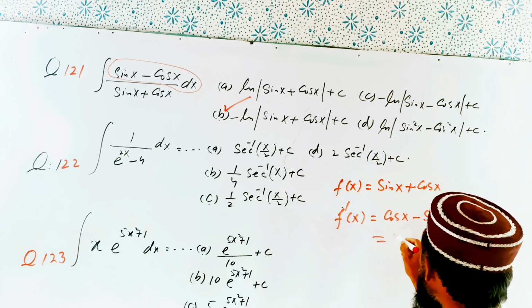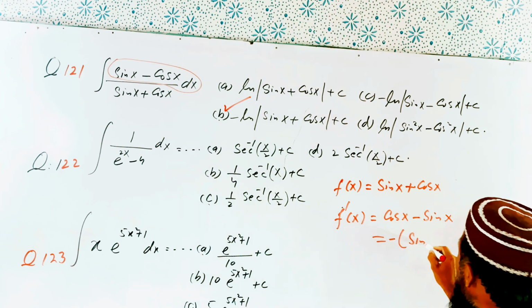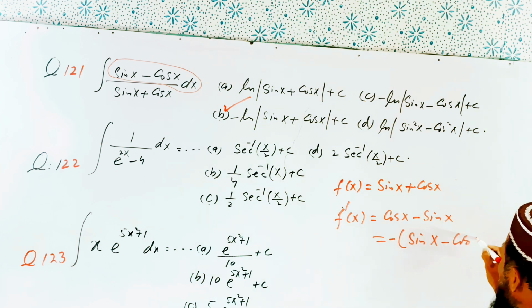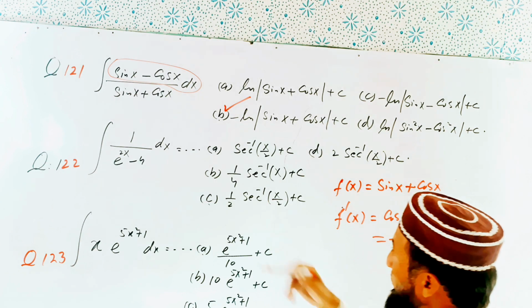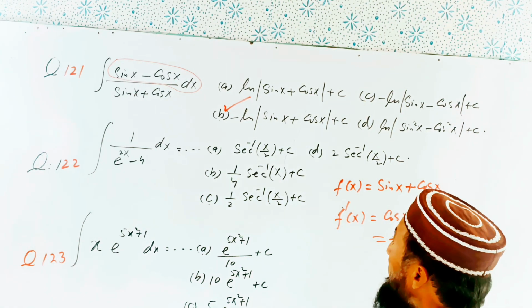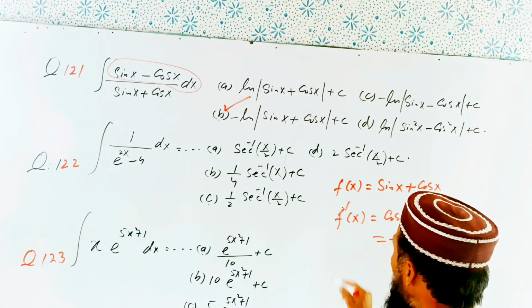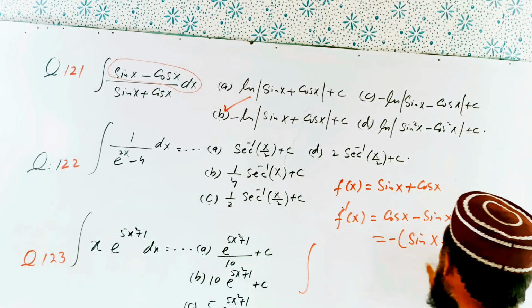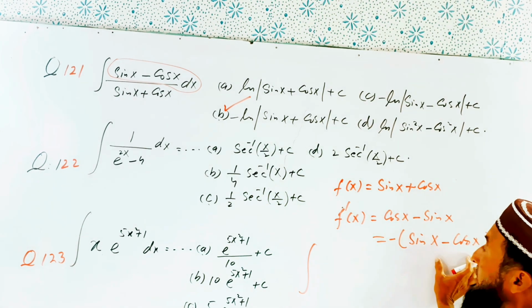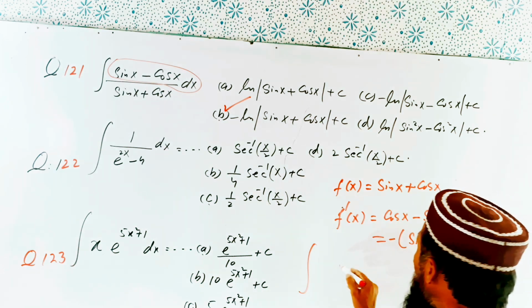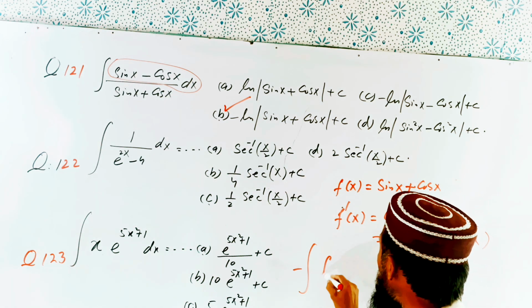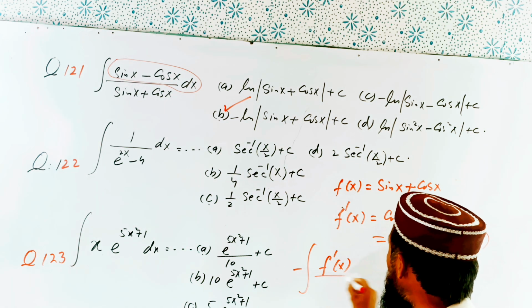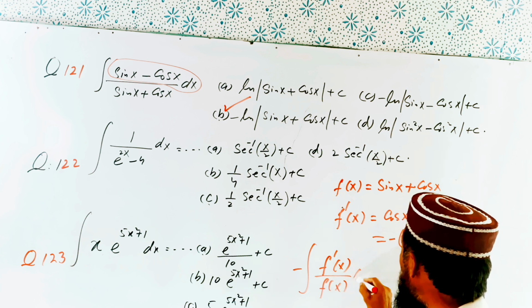We take minus common, minus sin x minus cos x, and if we put this result in the integration, we get minus f dash x over f of x dx.